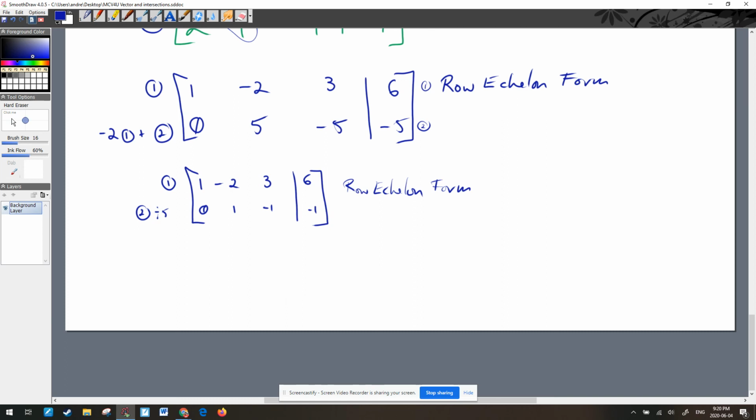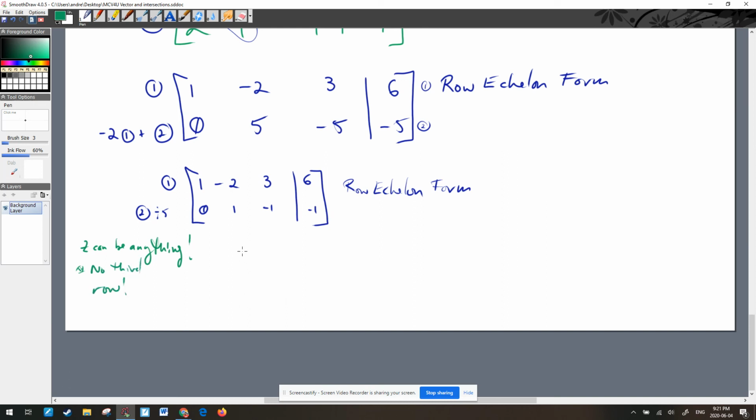Well, here's where it's going to seem like magic. I'm going to say, well, there's nothing going on for z. So z can be whatever I want it to be. There's no restriction on z, because there is no third row.